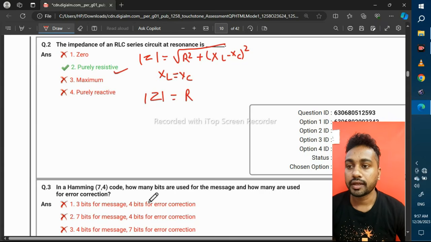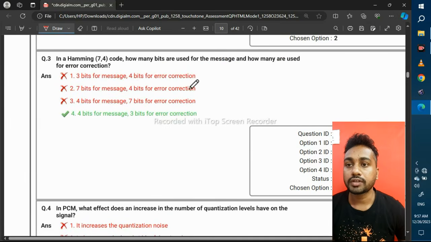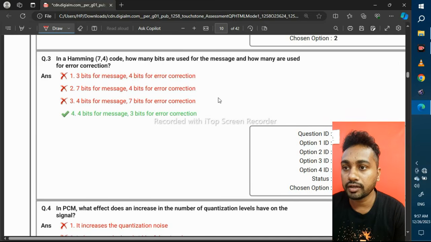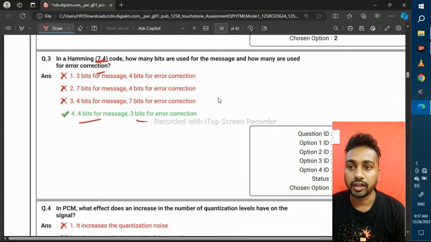Okay. Next, in Hamming 7-4 code, how many bits are used for the message and how many for error correction? In Hamming (7,4), it is a block code. Among this 7, 4 bits are for message and 3 bits for error correction. So this is also right.